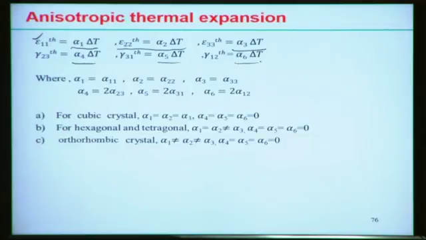For the symmetric matrix we reduce to the 6 components of the thermal expansion coefficient, and the relation between alpha 1 and alpha 11 is similar to the notation we used from 11 to 1 in case of symmetric stress or symmetric strain.